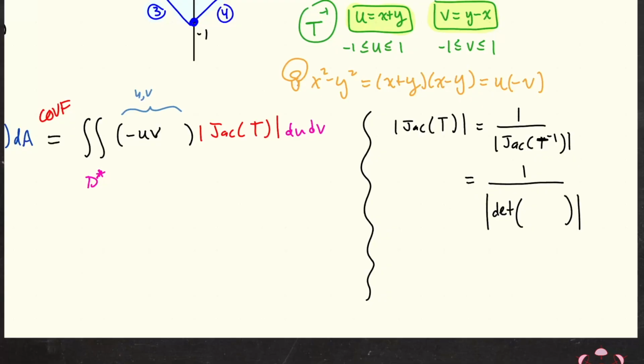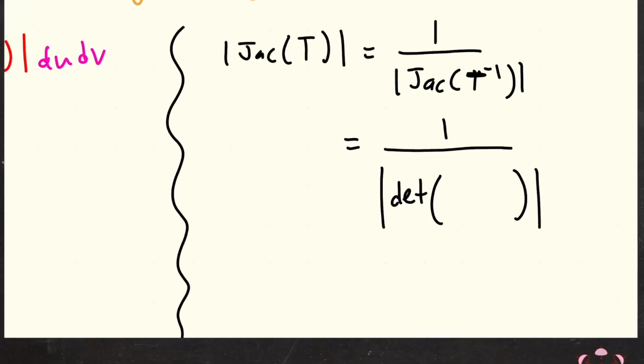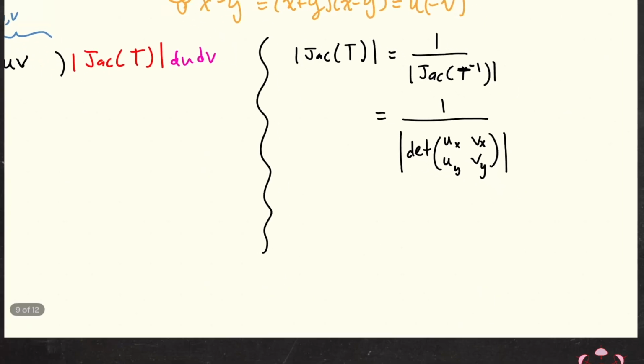When we do it in terms of T inverse, the formula has the partial derivatives of u, v with respect to x, y. And don't forget the reciprocal here: 1 over the absolute value of the determinant. I just like writing determinant.